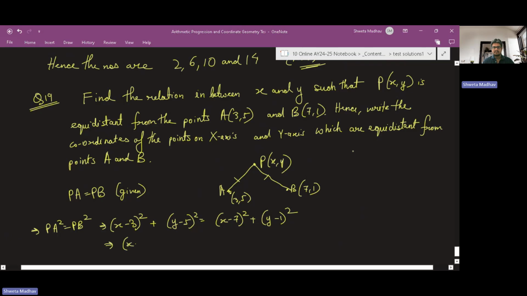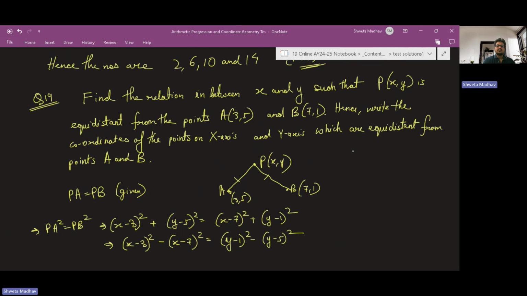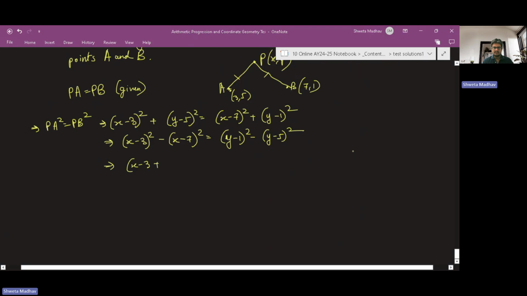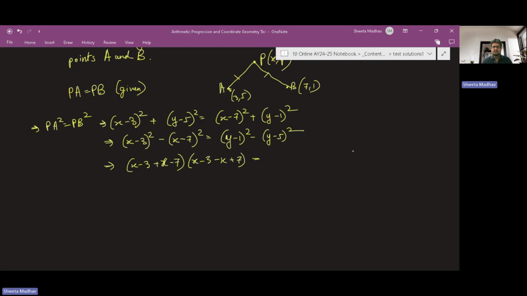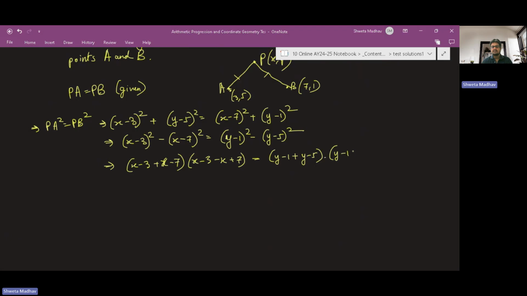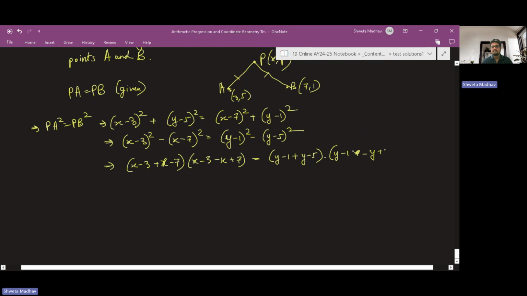Which means (x minus 3) whole square minus (x minus 7) whole square is equal to (y minus 1) whole square minus (y minus 5) whole square. Since a square minus b square is (a plus b) into (a minus b), it is (x minus 3 plus x minus 7) into (x minus 3 minus x plus 7), which is equal to (y minus 1 plus y minus 5) into (y minus 1 minus y plus 5).